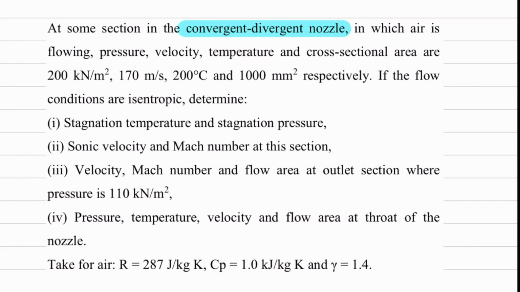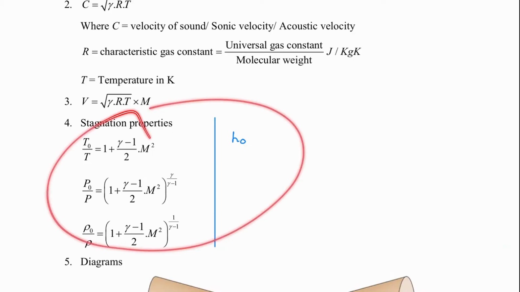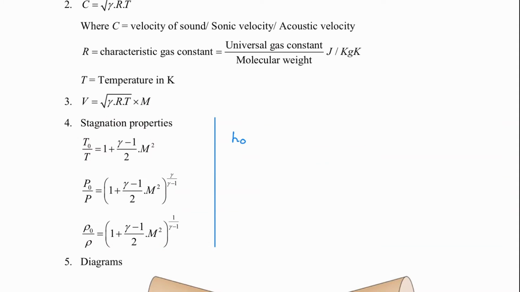Second, there are a few numericals which are very small. For example, I have given you a tutorial question. In tutorial question number 1, the question is so small that it asks only to find stagnation temperature, stagnation pressure and so on. Rest of the things are not related to the nozzle. In that case, you have to use these equations only to solve the numerical.